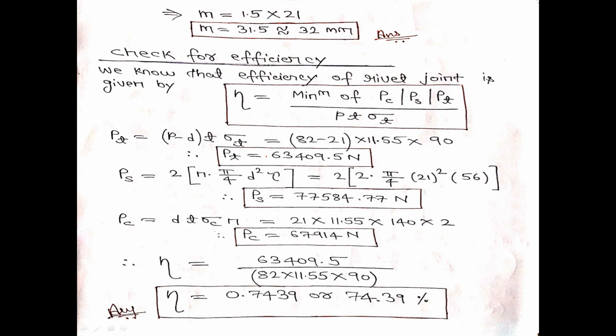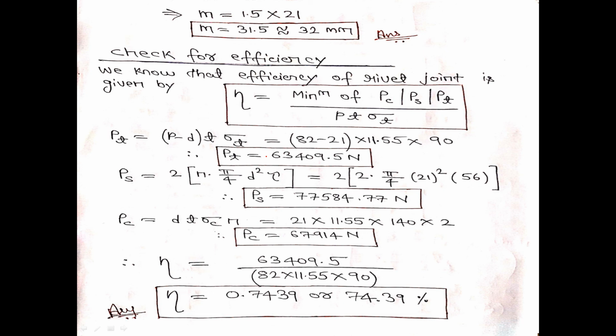63409.5 divided by pitch into thickness into sigma T. Pitch we have calculated, that is 82 mm, into thickness 11.55, into the permissible tensile stress given in the problem. Just solve it and you will get the efficiency of the joint, which is equal to 74.39%.